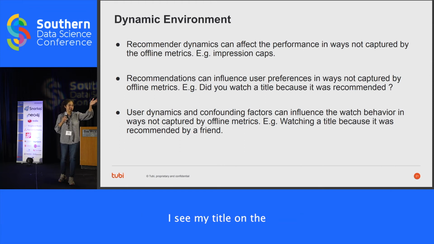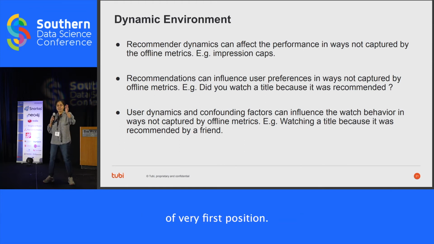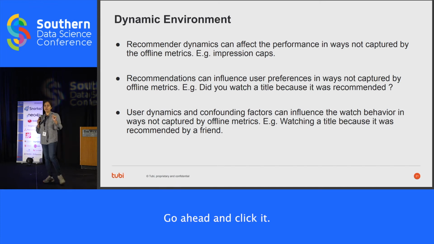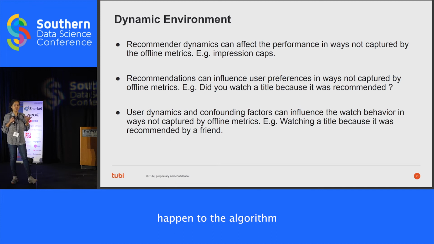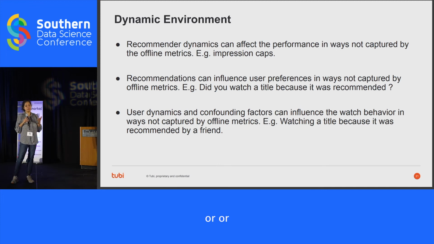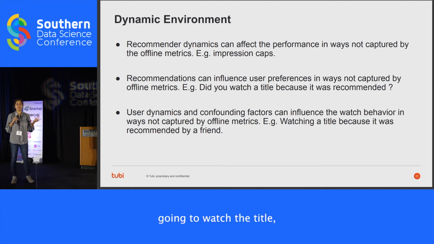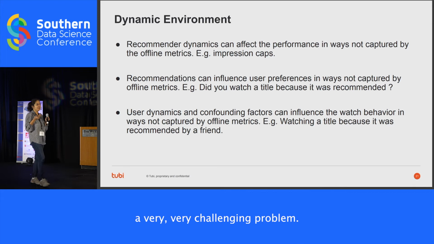Oh, there you go, I see my title on the very first position. Go ahead and click it. But should the attribution happen to the algorithm? Or anyways, I was going to watch the title. So why should I even attribute the algorithm for recommending it to me? So this is a very, very challenging problem.